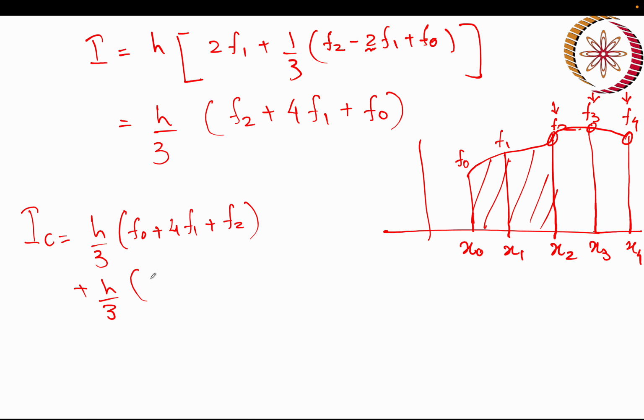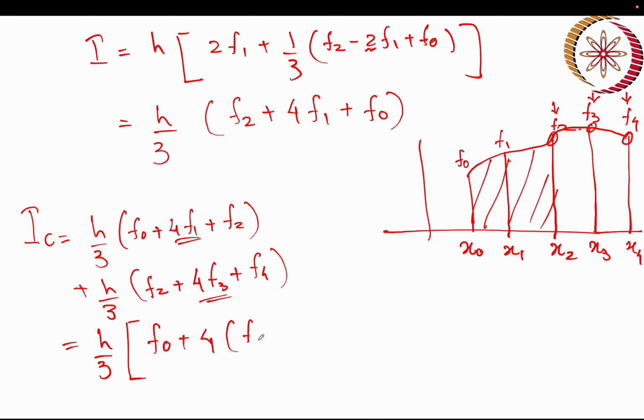So it will be f2 plus 4 f3 plus f4, and in that case it will be h by 3 times f0 plus 4 f1 plus 4 f3 plus, you can see this f2 is repeated here, this is 2 f2, and plus this last term f4.